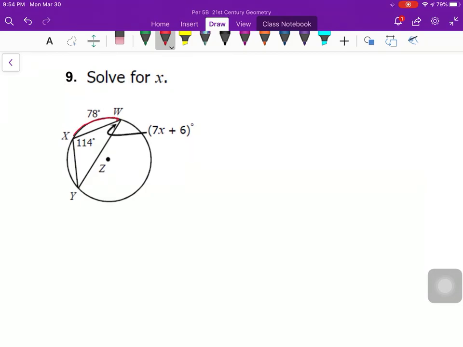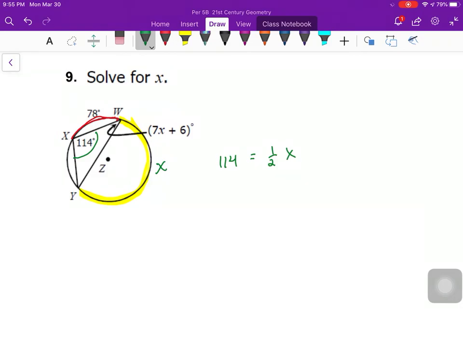Now on this one, we actually have one arc given to us here, and then we have an angle given to us right here. That angle will allow us to find this arc out here. And I think we have to find that first.